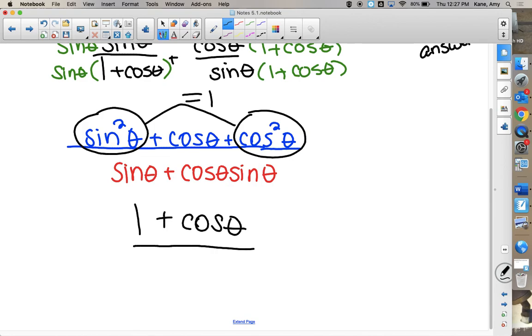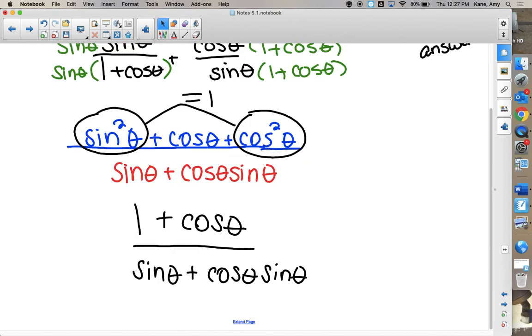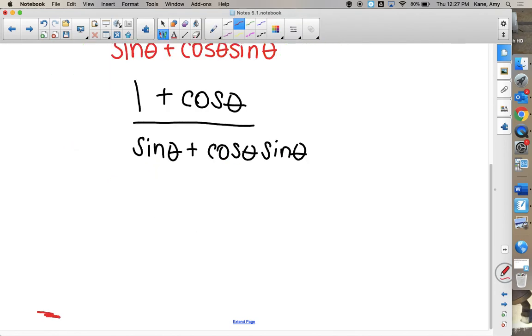And on the bottom, we have a sine, and then cosine, and sine. And we are almost done with this problem. So if you look in the denominator, what do you notice that they have in common?